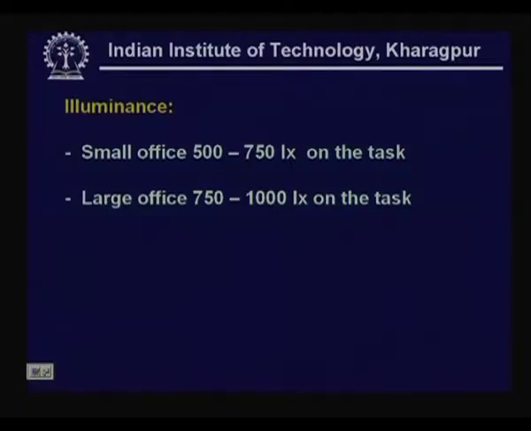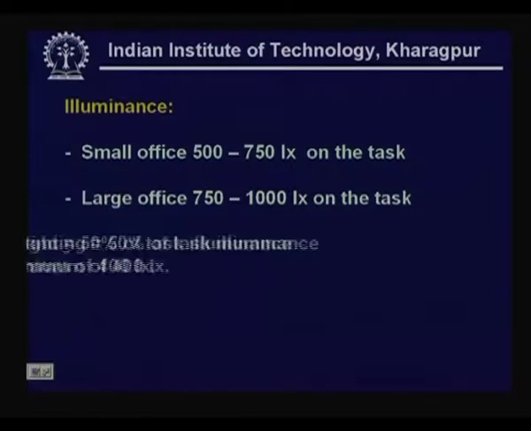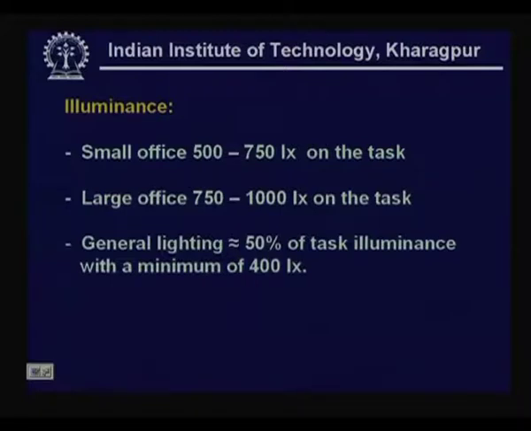This is the recommended illuminance on the work plane. Now there is a further recommendation. I was telling that in small offices there could be a general lighting of about 300 lux. In fact, the recommendation says at least 50% of task illuminance must be there, with a minimum of around 400 lux.